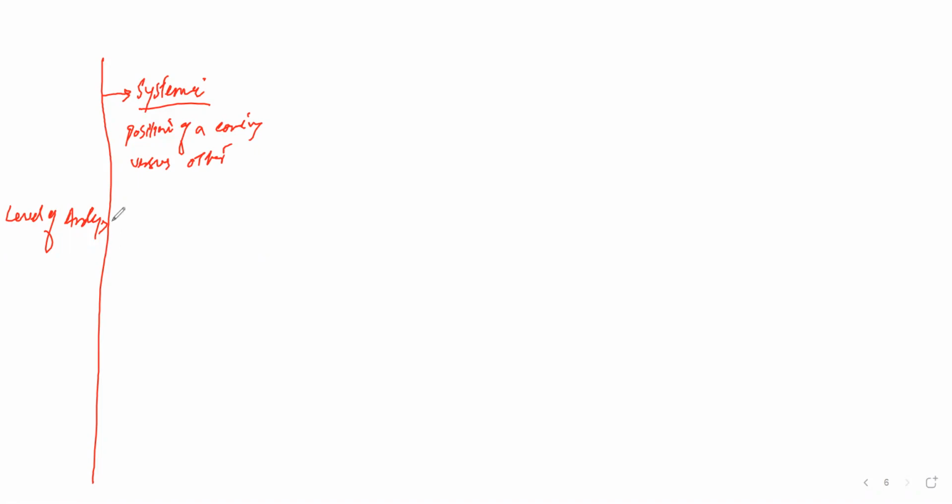The second level of analysis, which we have discussed, of course, that is the domestic level. At the domestic level, you would focus on internal characteristics. Yes. At the third level, it is the individual level.